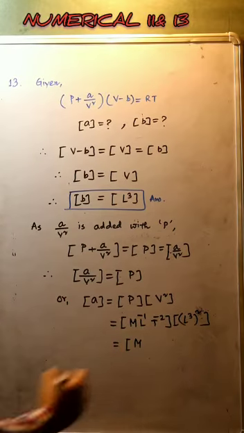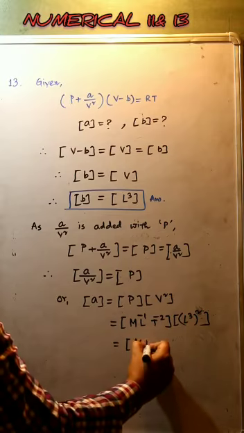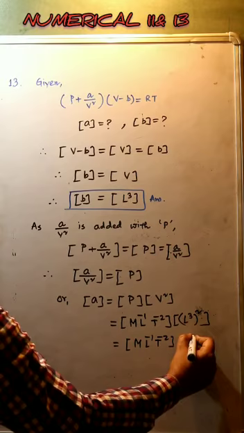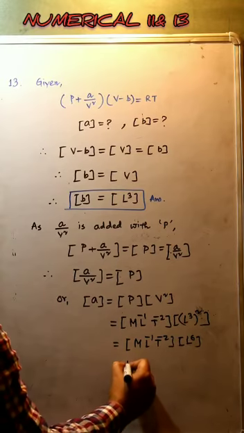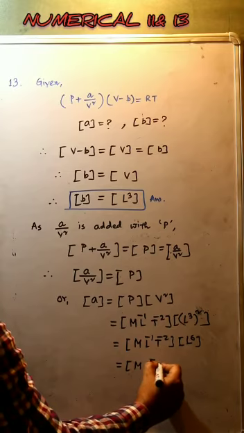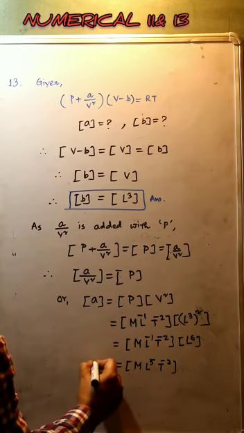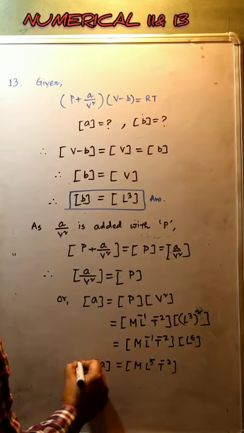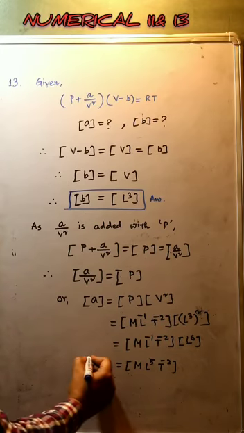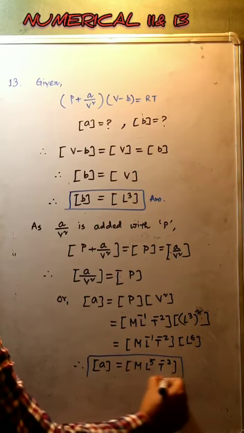So we get finally M L minus 1 T minus 2, and here it is L to the power 6. So we get M L to the power 5 T to the power minus 2. That is the dimension of A, which is derived from the van der Waals gas equation. We can mark this as one of the answers.